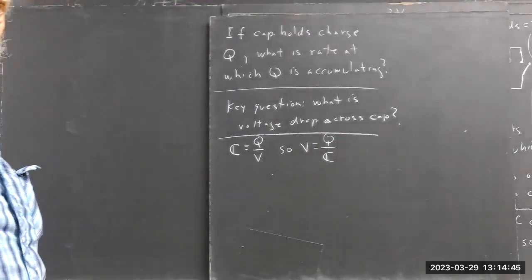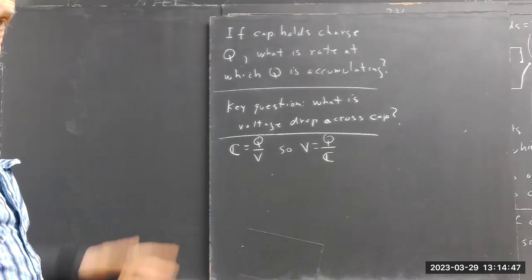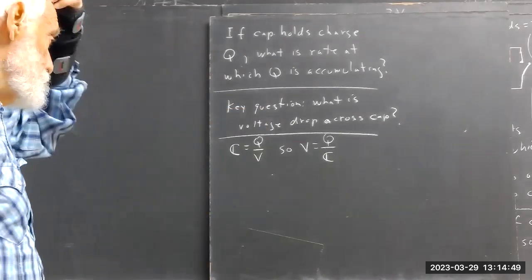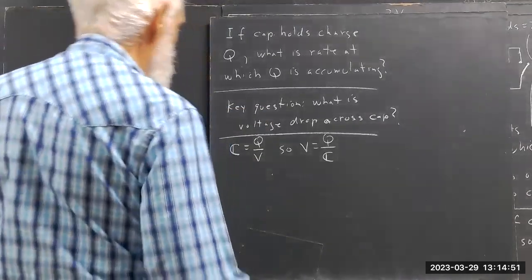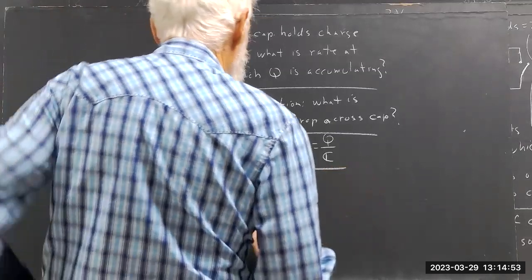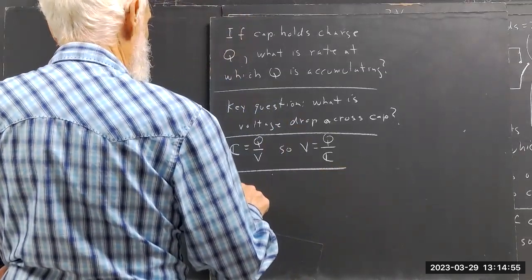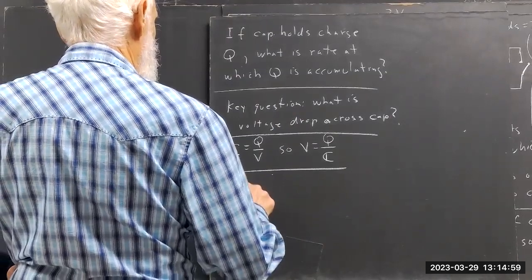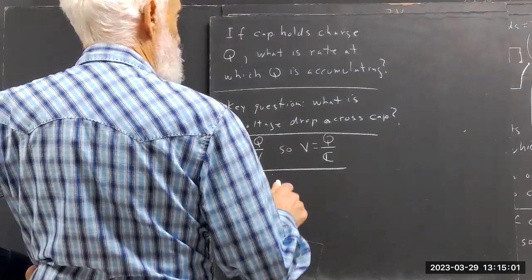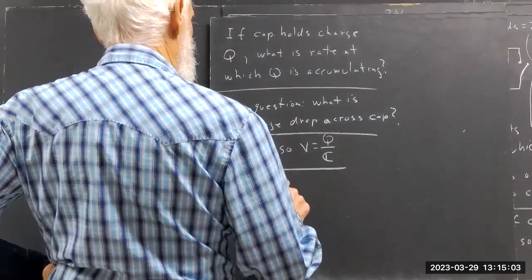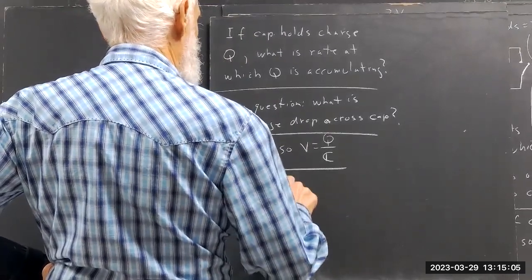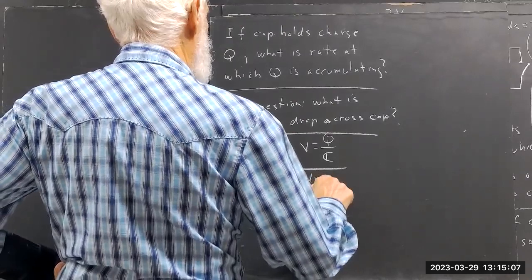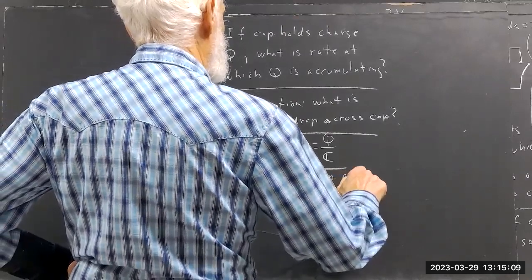V equals Q over C, C being capacitance again. We know V equals Q over C. That's the potential drop.